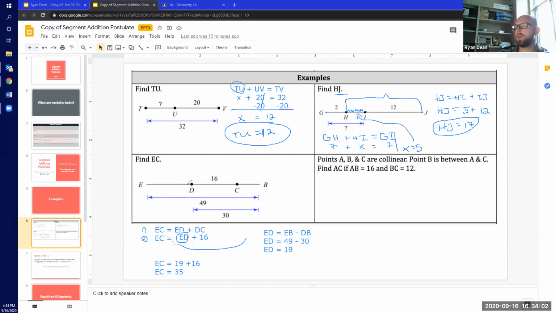So the first thing that we need to do is figure out some kind of formula to use with EC. So we know that EC goes from here to here.